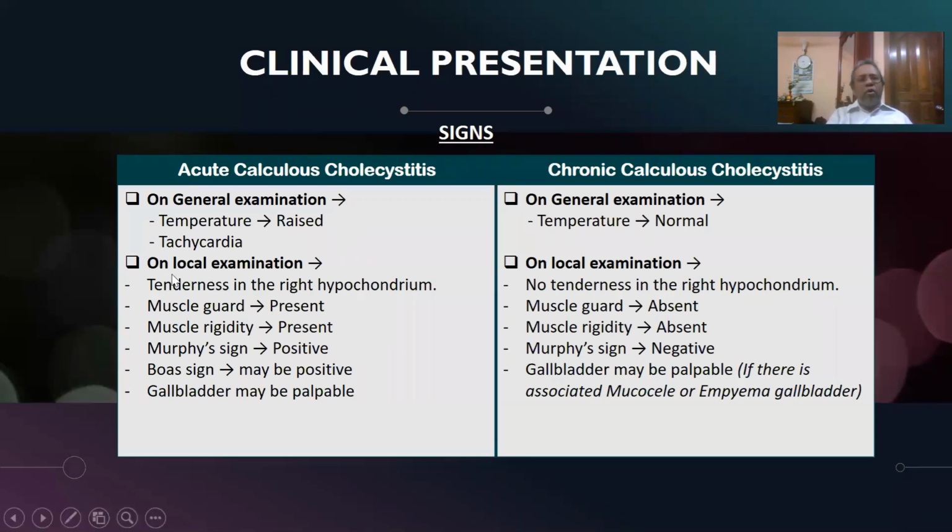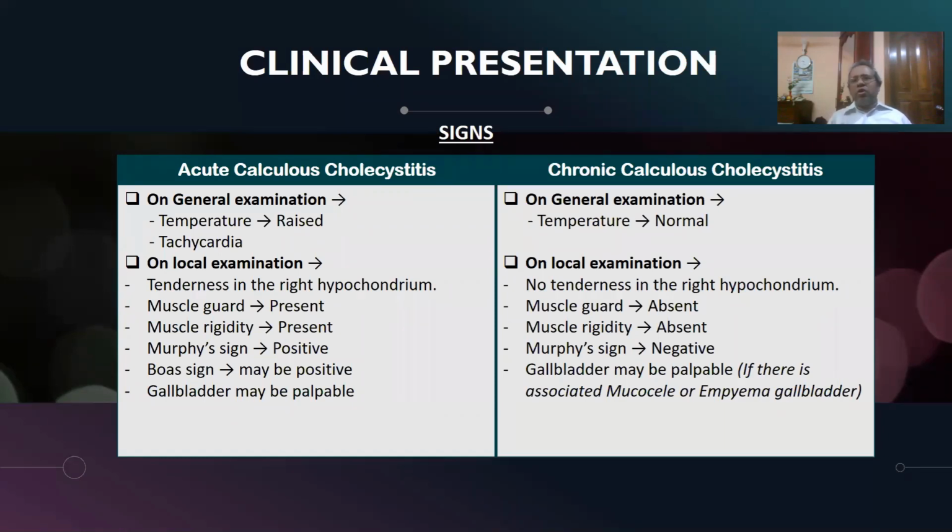But on local examination, the most diagnostic clinical sign that the patient may have cholecystitis is tenderness in the right hypochondrium, because the gallbladder lies in the right hypochondrium. Whenever the parietal peritoneum touches the inflamed gallbladder, as a body defense attitude, there is inflammation of the parietal peritoneum, causing reflex spasm of the muscles to decrease movement and localize the infection.